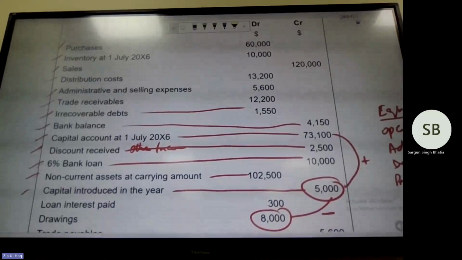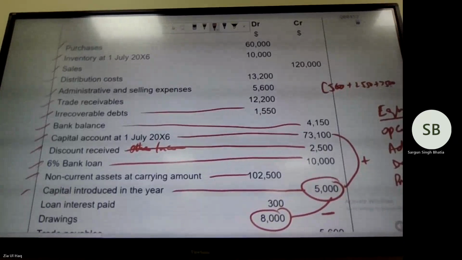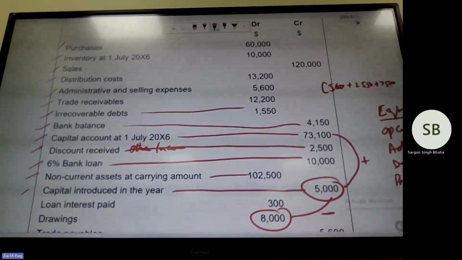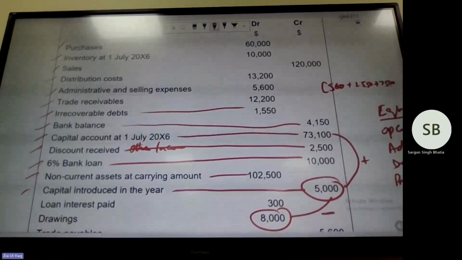While recording admin and selling expense, you will record 5,600 plus 2,550 irrecoverable debt plus 7,500 wages. And while calculating cost of sale, what you need to do: opening inventory plus purchases plus direct expenses, wages, and then you need to subtract closing inventory. Then you will arrive at cost of sale. Is that fine? Can you understand this?